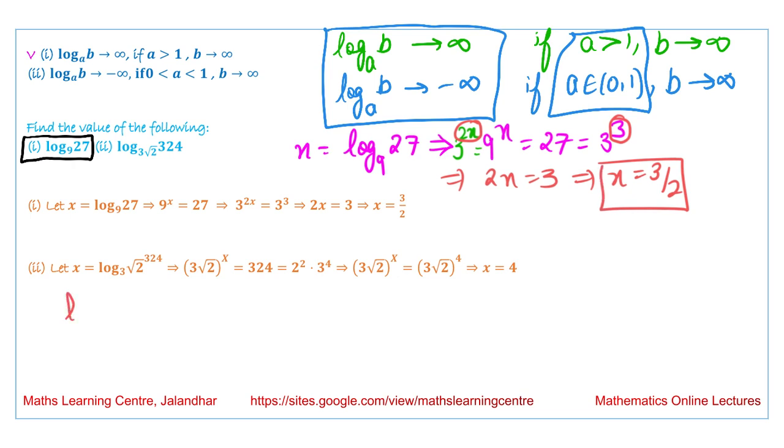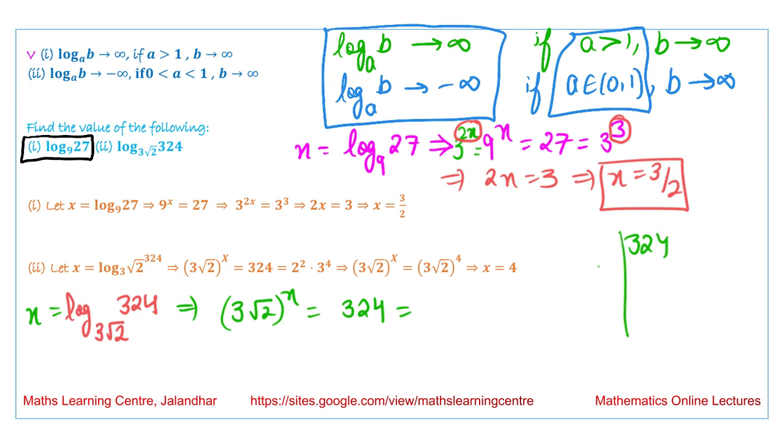Next question: log of 324 to the base 3 root 2. Suppose this value is equal to x. This implies 3 root 2 raised to the power x is equal to 324. If we factorize 324, we get 2 raised to the power 2 into 3 raised to the power 4.